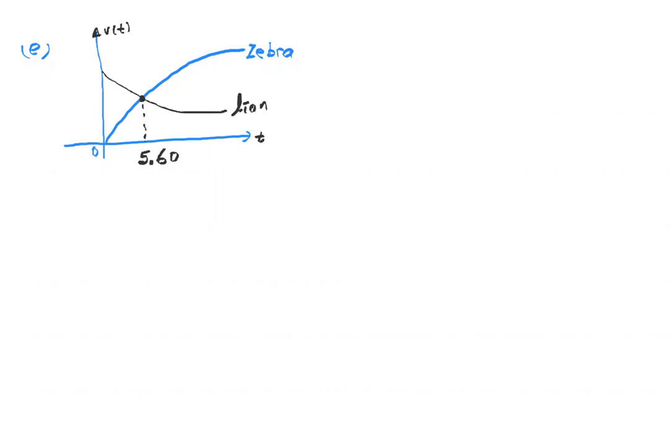The zebra moves faster. Yeah, correct. The zebra moves faster than the lion. So the distance covered by the zebra will be more than the distance traveled by the lion. That means the zebra will be further and further away from the lion after 5.6 seconds. See or not?